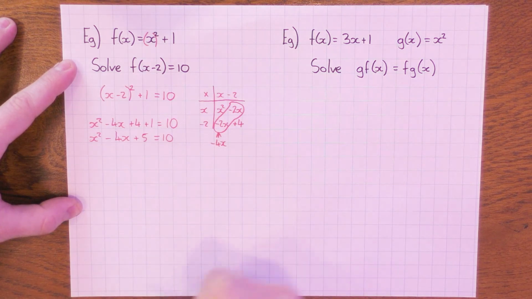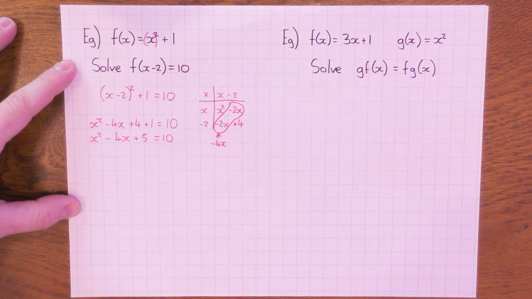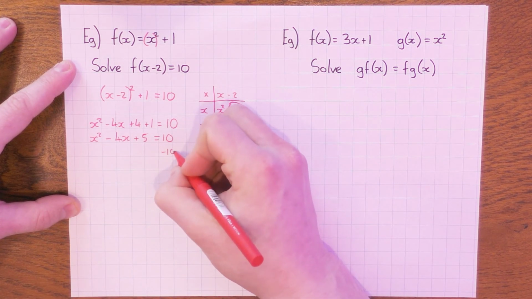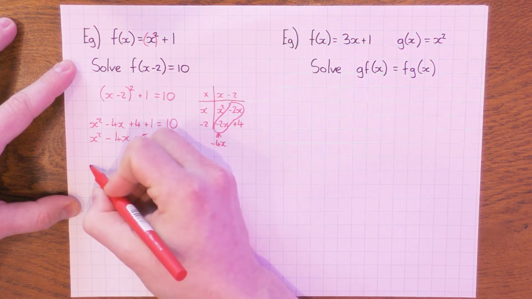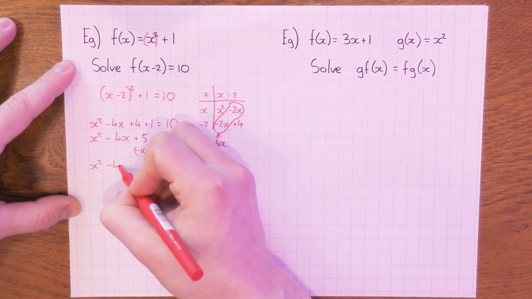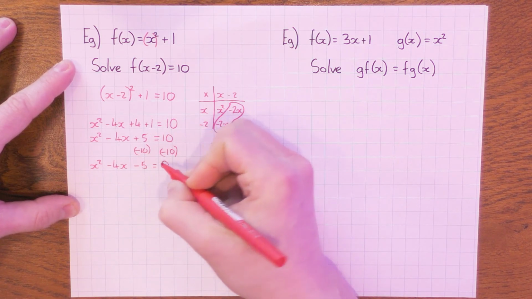So again, this is looking like our quadratic, and to solve a quadratic it needs to equal 0. So if it needs to equal 0, I need to get rid of that 10. So I'm going to take away 10 from both sides. So that's going to leave me with x squared minus 4x minus 5 equals 0.